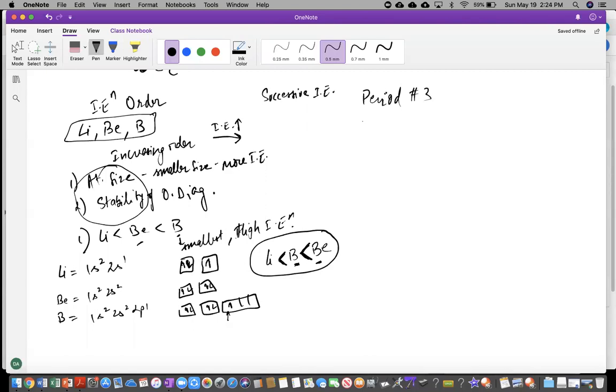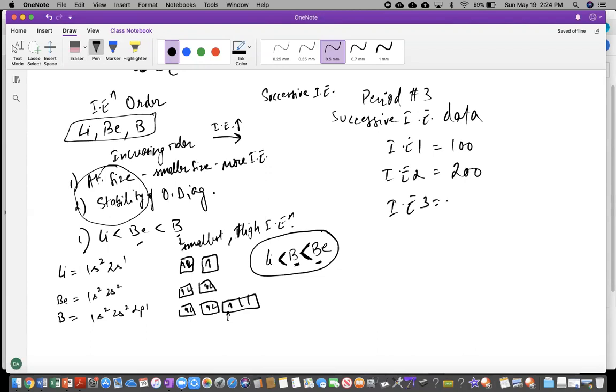And then I give you the successive ionization energy data: IE1 is equal to 100, IE2 is equal to 200, IE3 is equal to 400, and then ionization energy 4 is 3000, something like that.